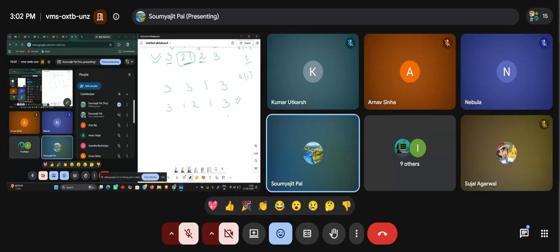Okay. What about this? 3 3, this is A, and this is B. Again, if I write like this: 3 3 1 1, it will be invalid, two consecutive ones. Not possible.